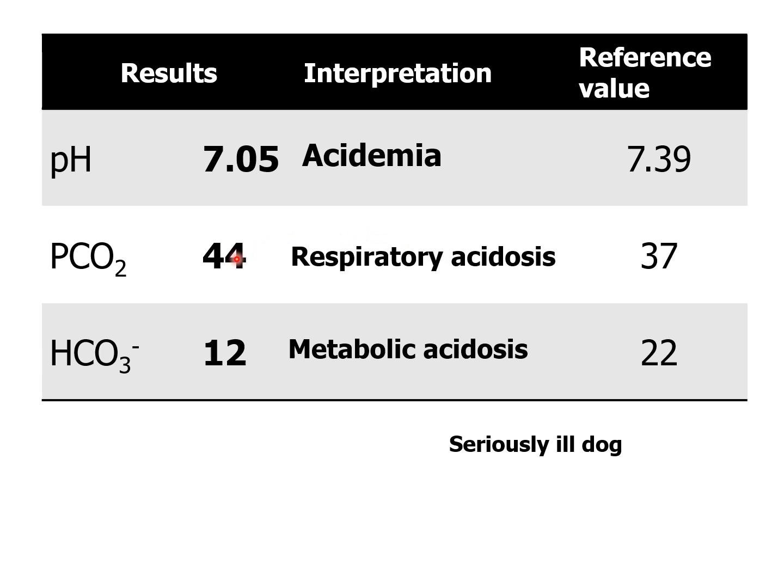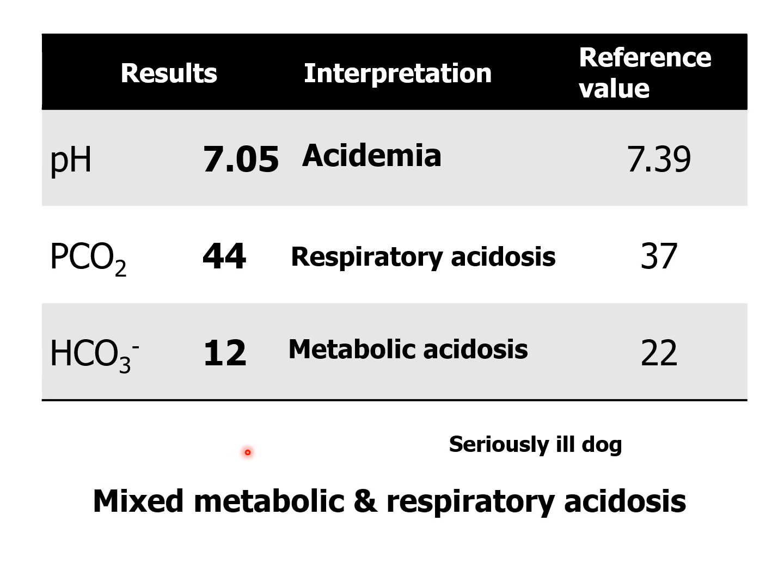The same is true for respiratory acidosis, the bicarbonate should be higher to compensate for the respiratory acidosis. But that is not the case. So this is an example of a mixed metabolic and respiratory acidosis.